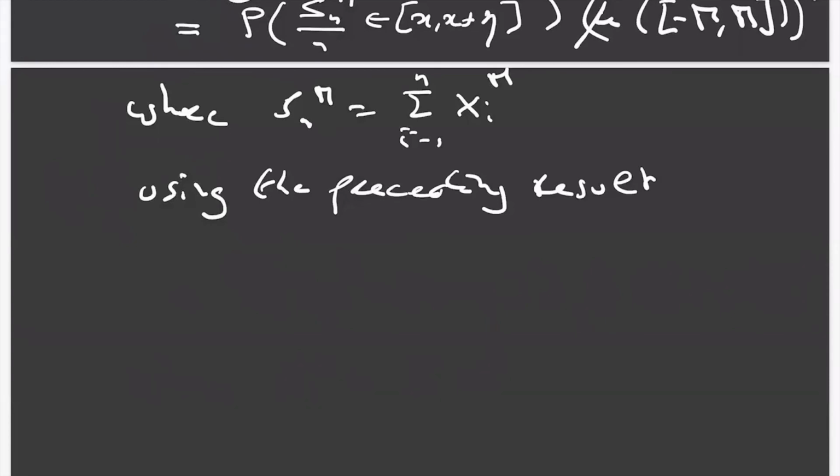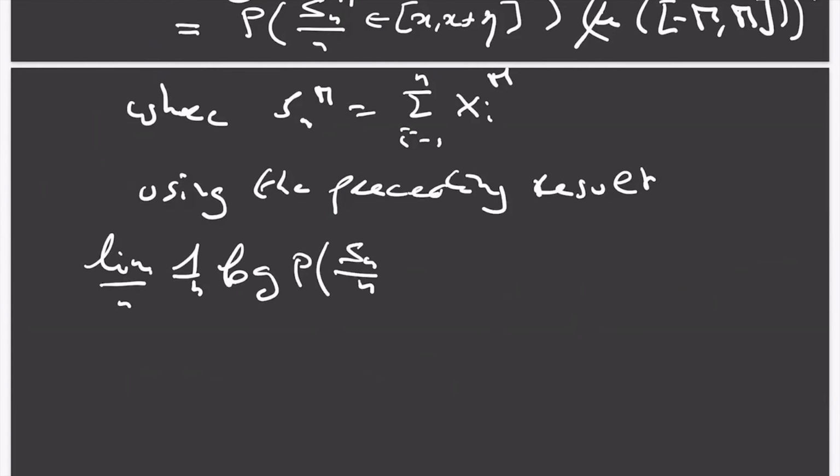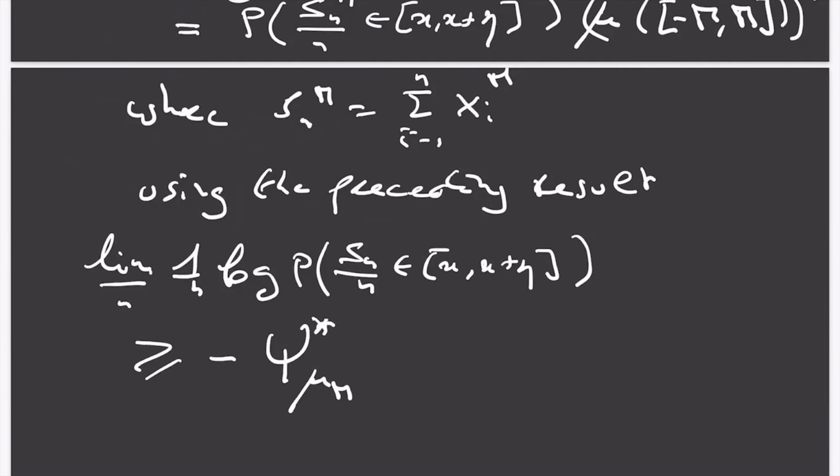And this means that the limit of 1 over n log of the probability of Sn over n belongs to x plus eta is larger than minus psi star mu m of x plus the log of the measure of minus m.